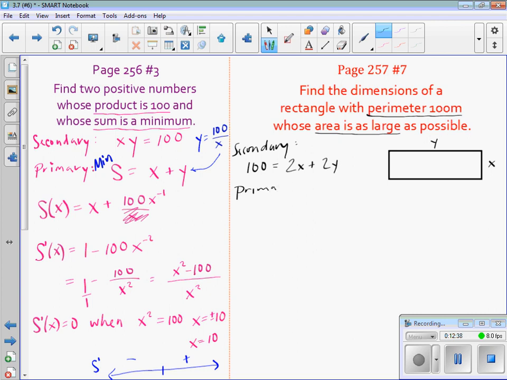So my primary here is the area. What's the area? X times y. And are we trying to max or min? Max. So I'm just going to write max here to make sure I don't forget what I'm trying to do. Okay, what's the next step?